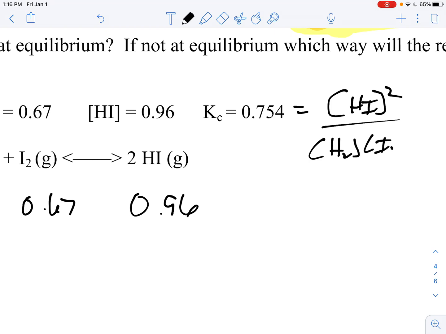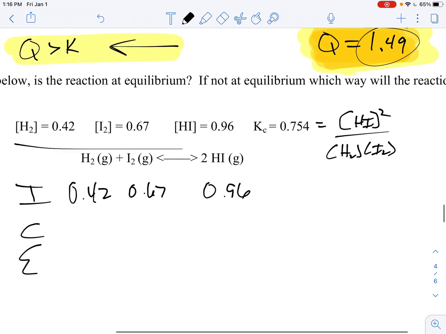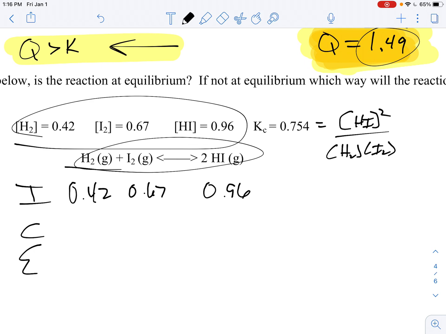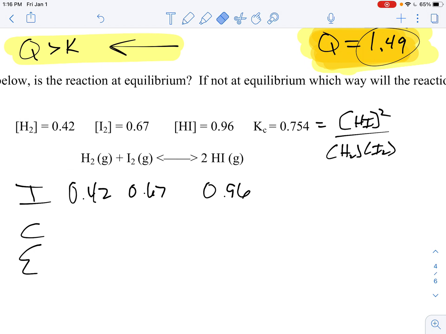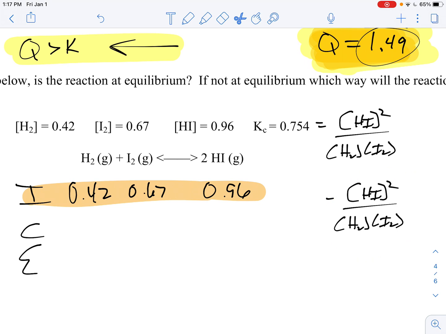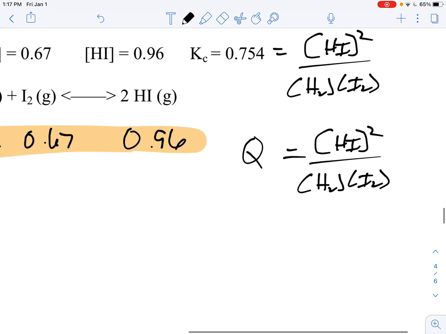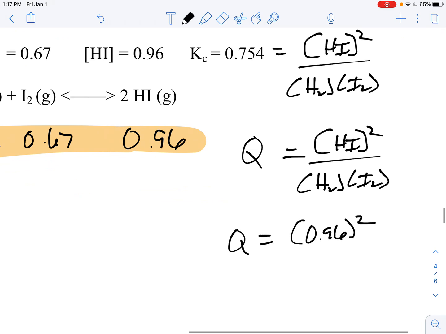And I know that that's going to be HI squared divided by H2 and I2, which are these numbers here, each raised to their own specific powers. Now, these are initial conditions, so I don't know if those are at equilibrium or not. So instead of plugging them in and assuming it's at K, I am going to copy it down, and I'm going to set it equal to our Q, which is our unknown.